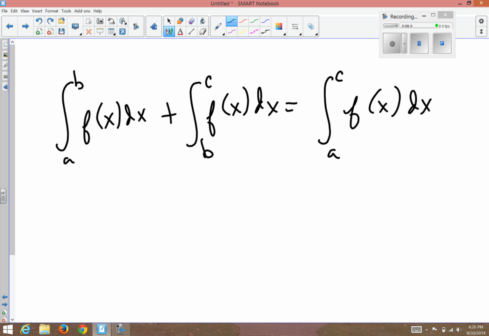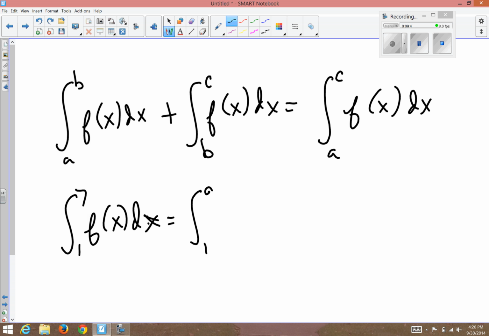So to make this fit the part we're doing, part E, we say the integral from 1 to 7 can be split up as the integral from 1 to some number, let's say 9.